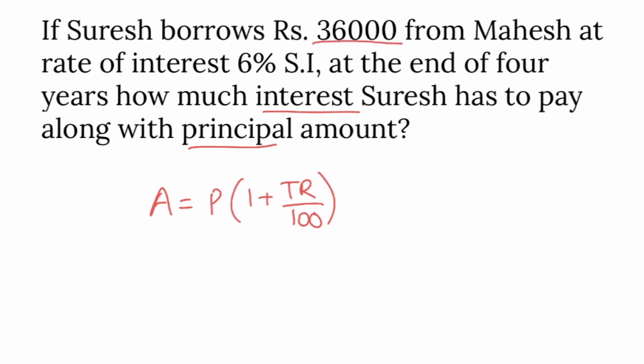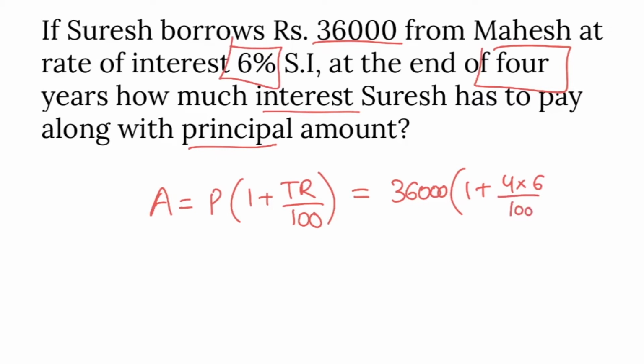Sum borrowed 36,000 rupees. 36,000 into 1 plus TR, time period is 4 years, into rate of interest 6% divided by 100. That is 36,000 into 1 plus 24 by 100, is 124 by 100.